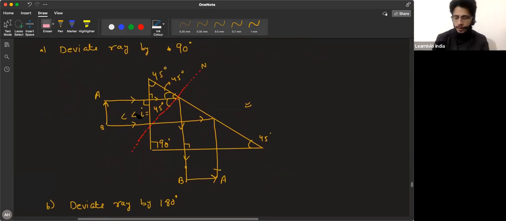Then we'll see how we can deviate a light ray by 180 degrees using a prism. Yes, can I scroll it further? Yes, sir.